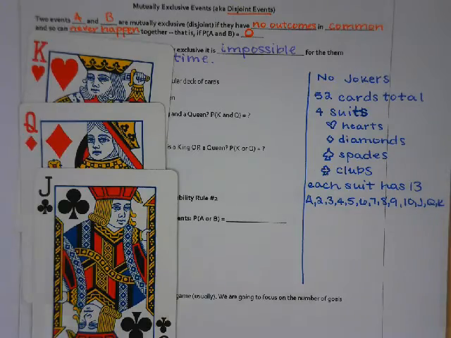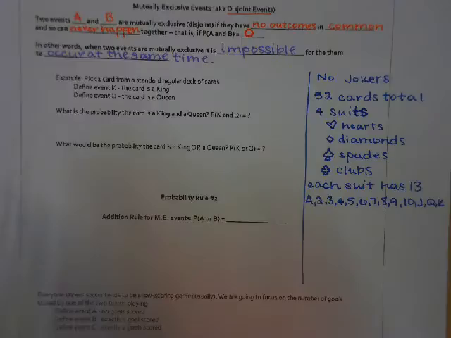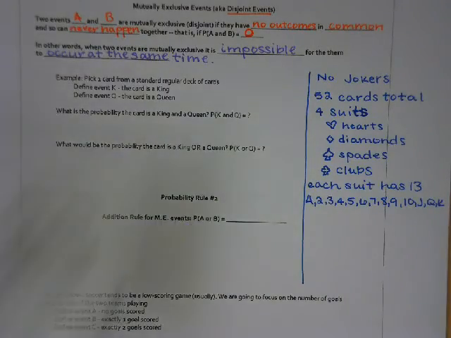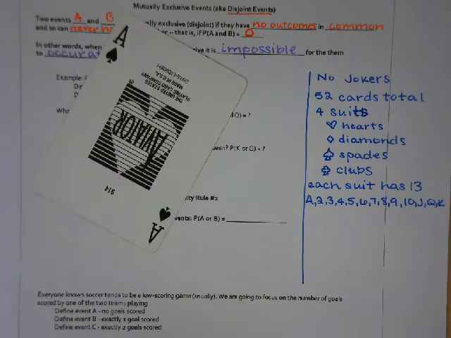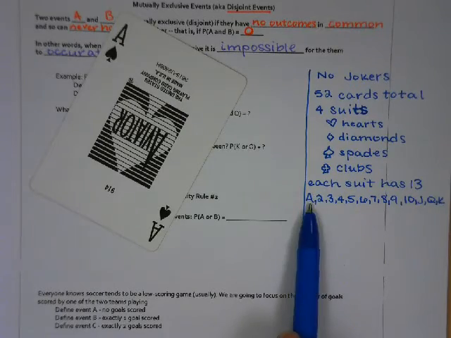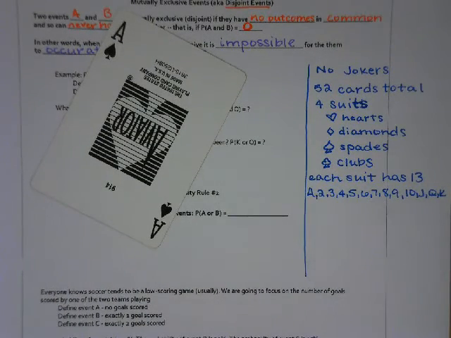So when it says face card, that's what it's referring to. Aces are not faces. Even though I have kids that say, well, it's a letter instead of a number, that doesn't make it a face card. There is no face on the ace, so it's not a face card.